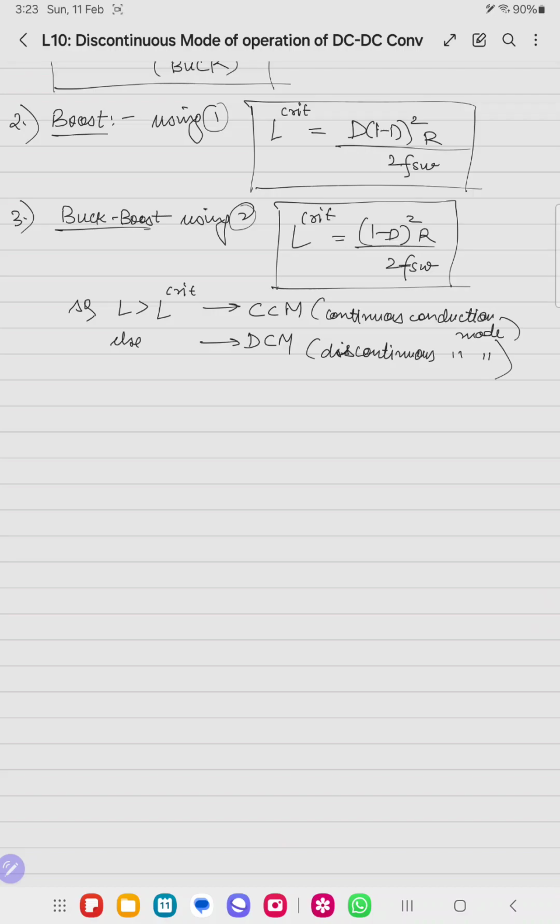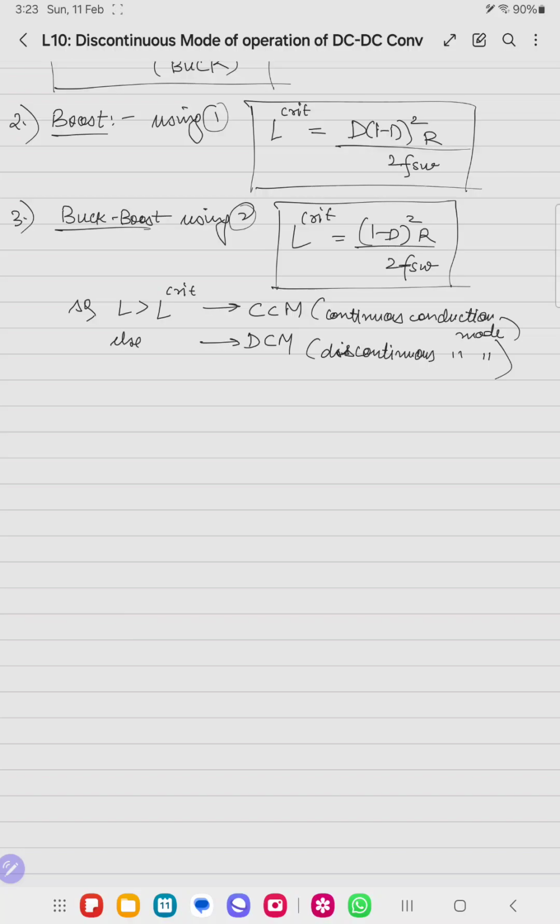In the previous lecture where we derived the inductances as a function of delta I_L, that was when you know the allowable ripple of inductor current, and based on that you found the inductor. This is when you found the inductor by considering that I minimum is 0, that is when the mode of operation changes to discontinuous.